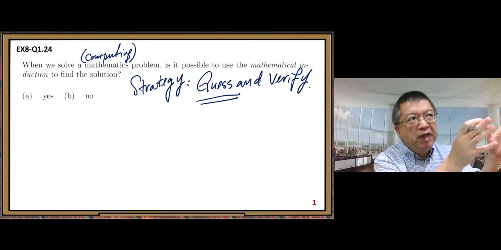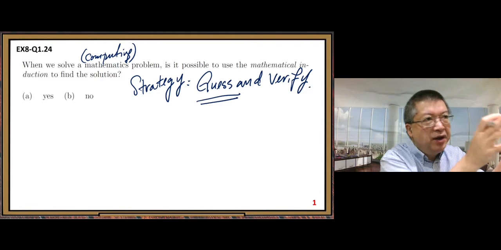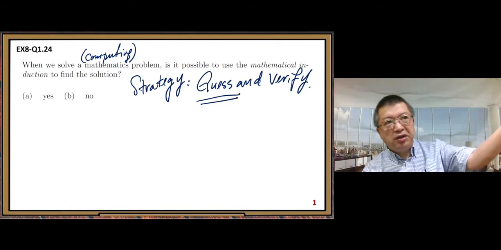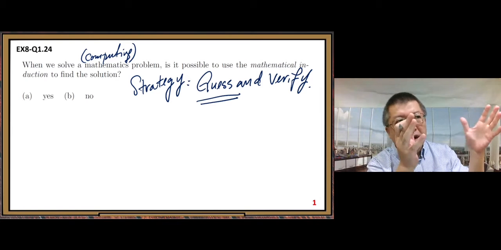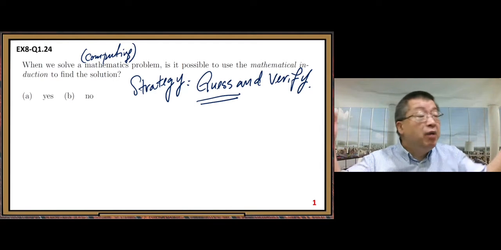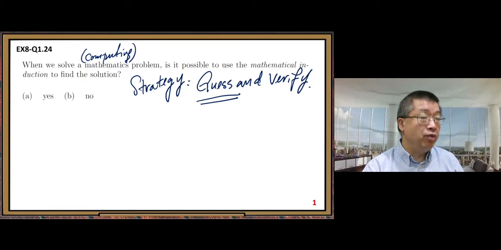Because if you can imagine some kind of destination, you can see it, and you can work toward that direction, then it will be much easier. Otherwise, if there is no destination, you don't know where to go. So that will be very hard. So this guess step is very important in problem solving.